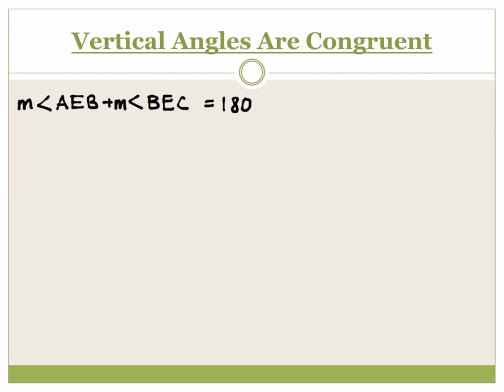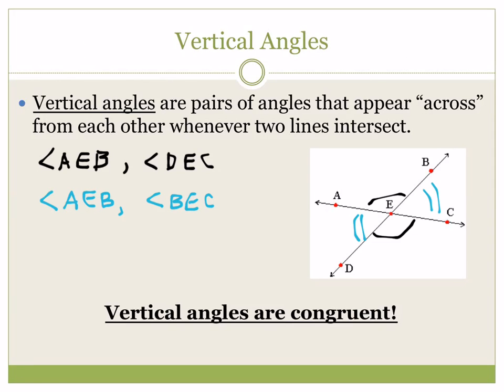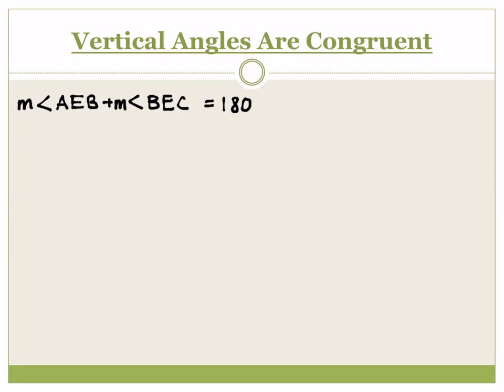Next, I'm going to do one more of those. I want to add the angles together that are on the top and on the left. So that same angle AEB, and then the other angle is this angle AED. So I'm going to write down one more equation.